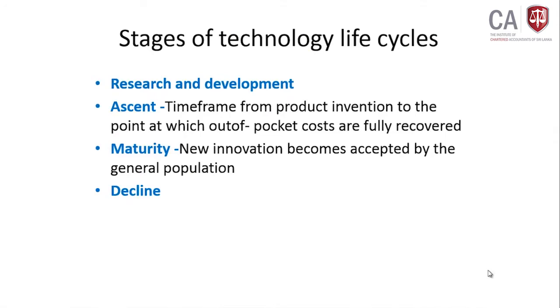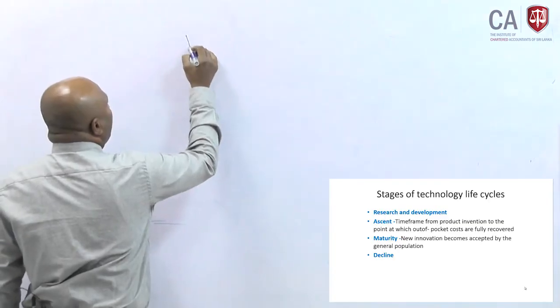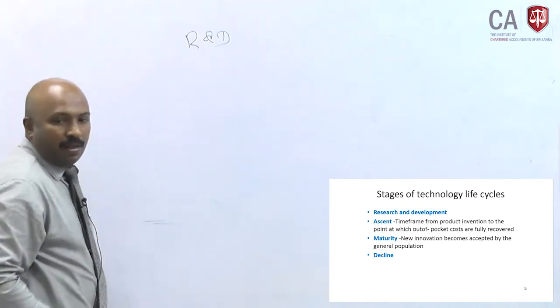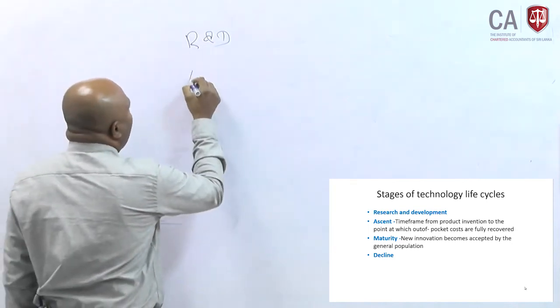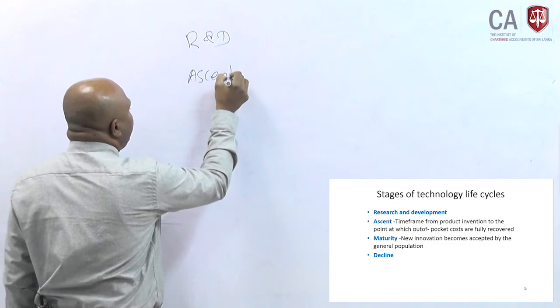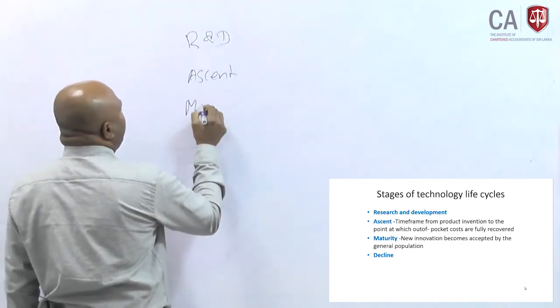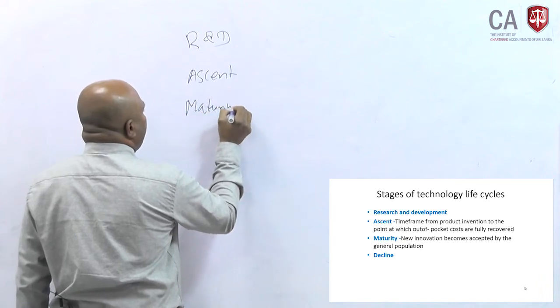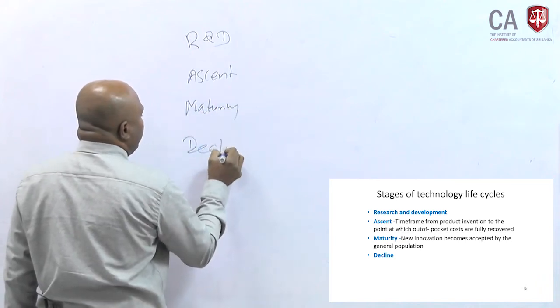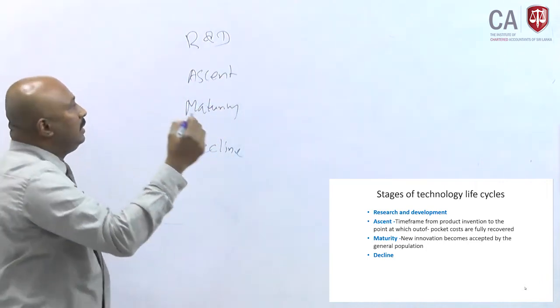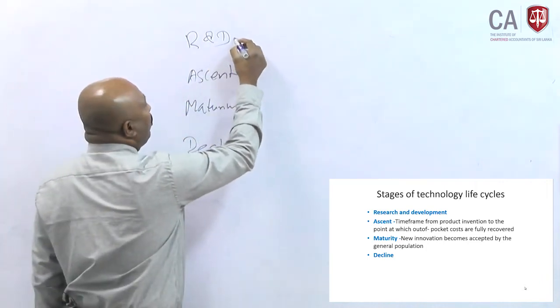So, I will explain on the board: research, R&D, and then what is maturity and decline. Through research and development you develop new innovative products.